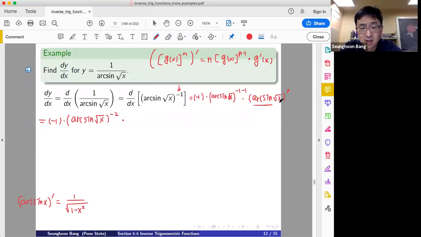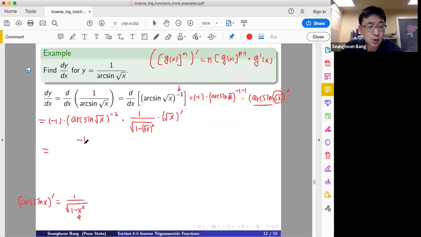Only plug the inner function root x into x. So we have 1 over the square root of 1 minus square root of x squared, times the inner function's prime. So simplify.